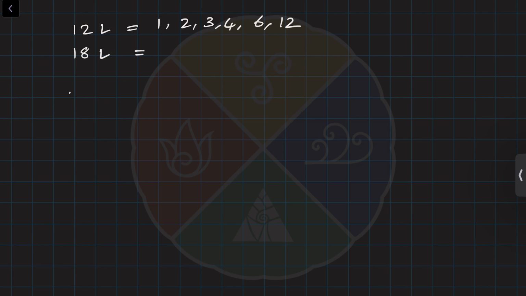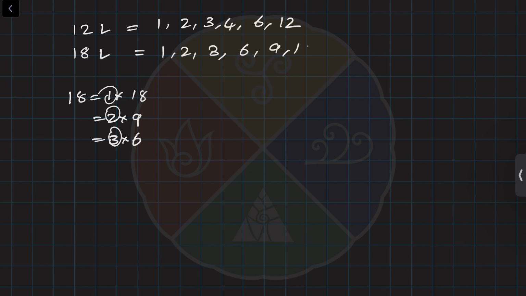For example, 18's factors will be 1 into 18, 2 into 9, 3 into 6. So 1, 2, 3, 6, 9, 18. The 12 liter capacity can be bottled in these many different container sizes, and 18 liters can be contained in these many.